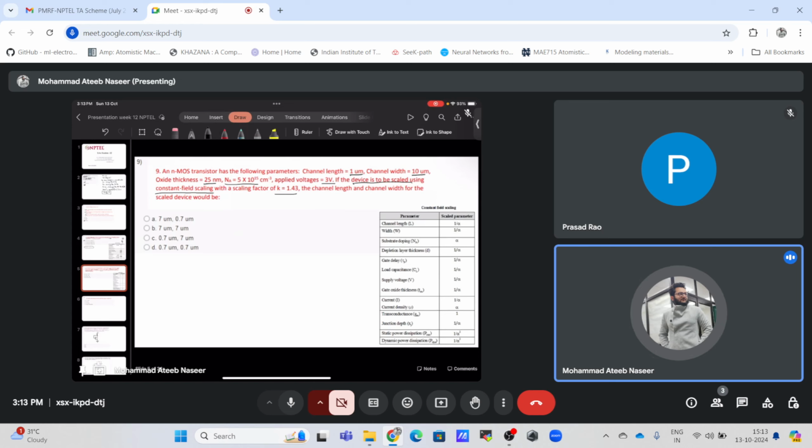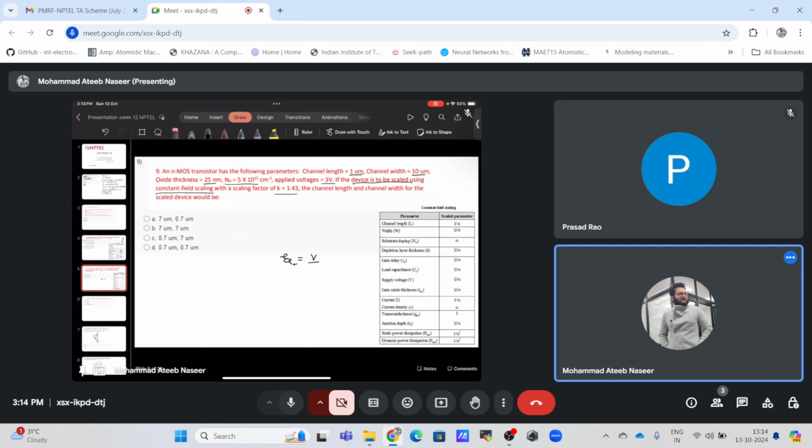Constant field scaling means that E is the electric field. Electric field is V over L. Let us say it is in the oxide, so E ox.